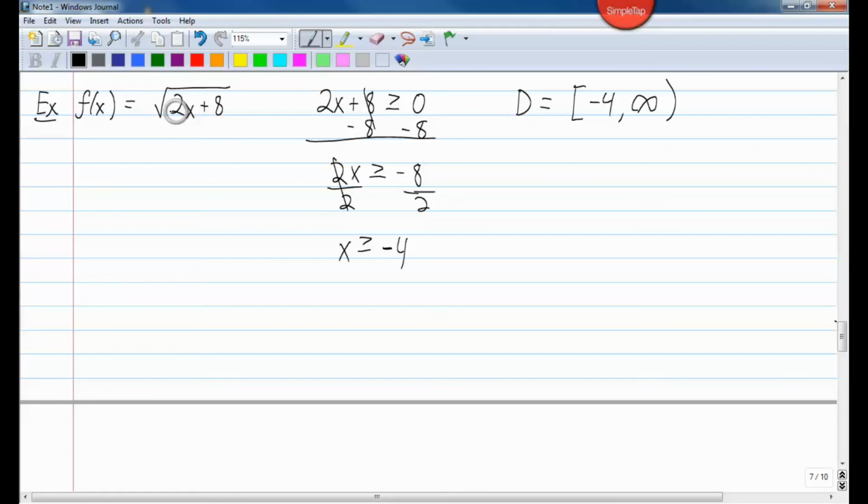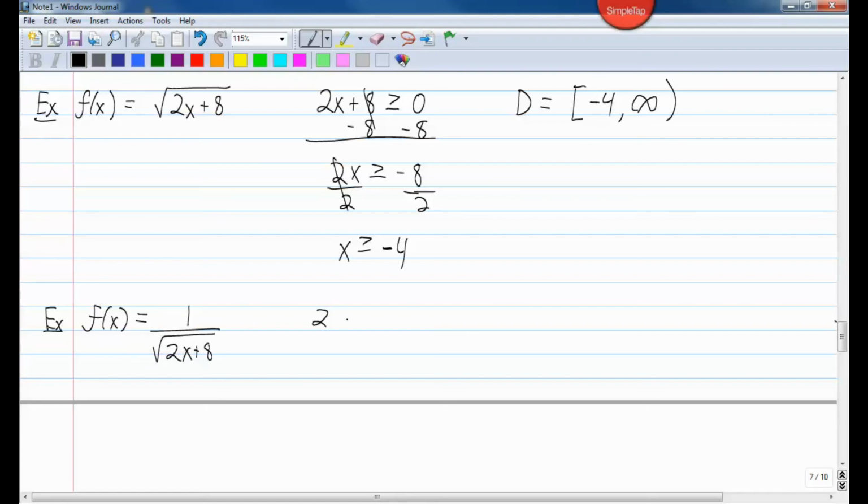If this function would have been 1 over the square root of 2x plus 8, then the only difference is that when I work this out, I don't want what's under the radical to be equal to 0 because it's in the denominator.